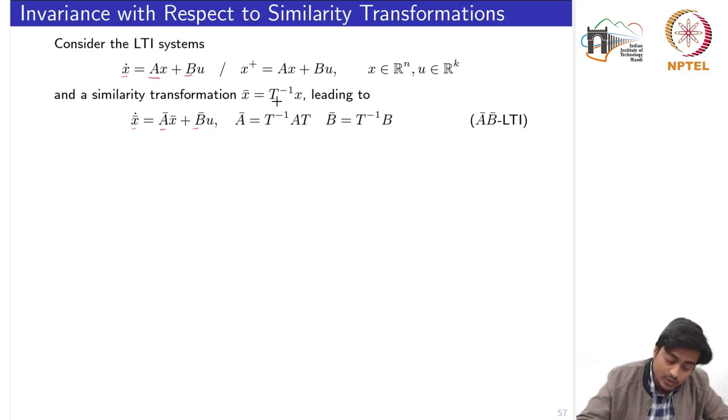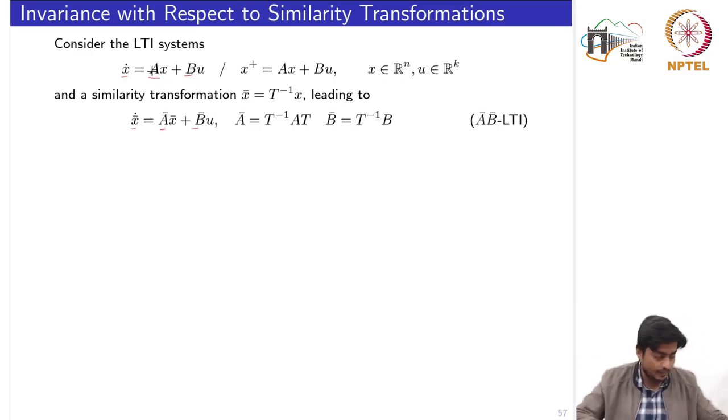So X bar is equal to T inverse X. If I put X equal to T times X bar into the equation, I would obtain A bar and B bar. A bar is equal to T inverse AT, and B bar is equal to T inverse B. We denote this one as the pair A bar B bar of the LTI system, and this one is the pair AB.